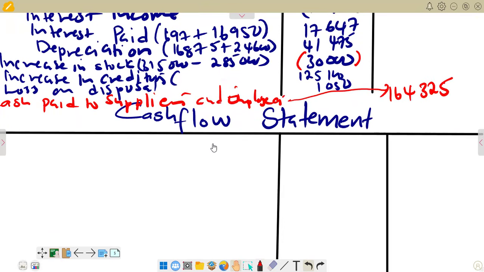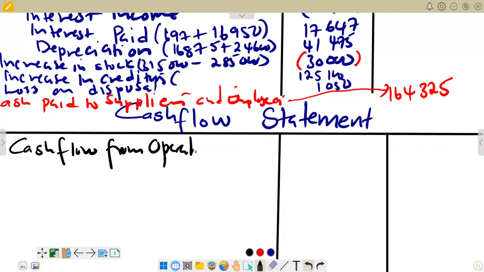So here we are saying the heading that we are going to have there is now cash flow from operating activities. And then the figure for cash flow from operating activity is going to come in line with this description here. So beneath that, that's where we're going to calculate that figure.